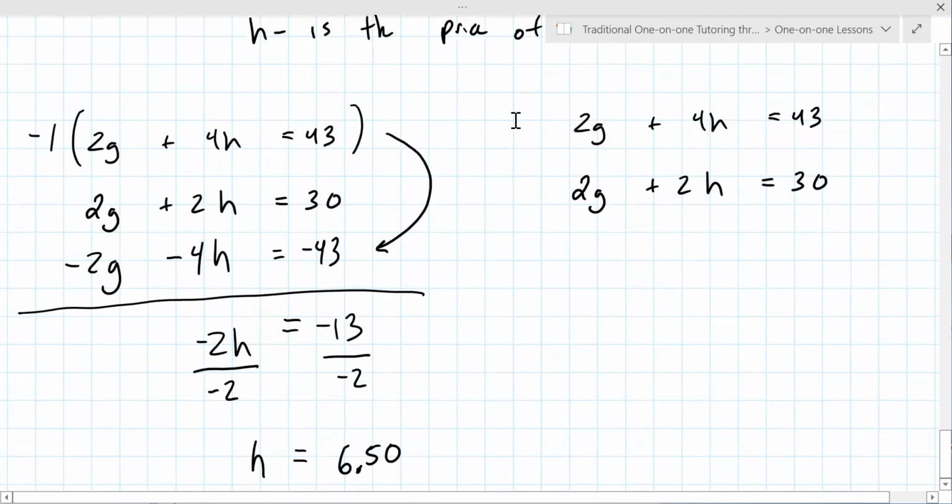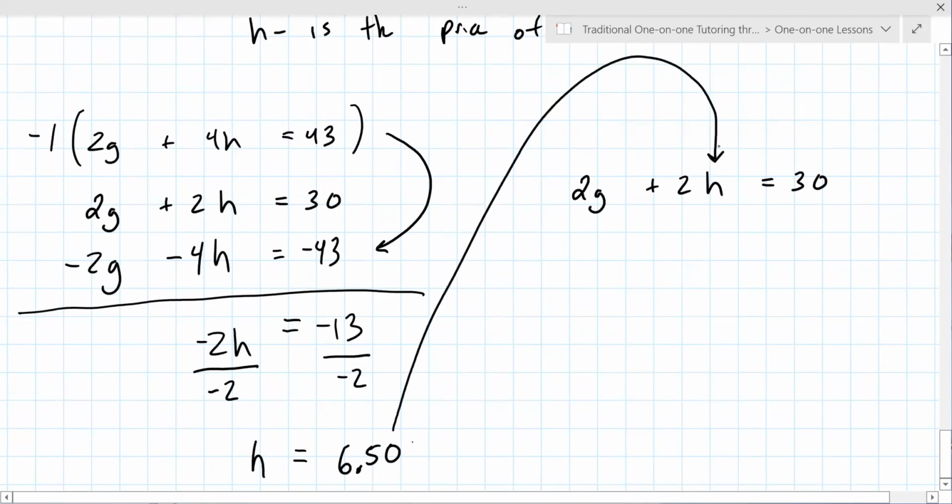Probably the second one. Yeah, if I were to make a preference, it probably is that. So you're going to take this value and plug it in for H. Okay. 2G plus 2 times 6.5 equals 30.